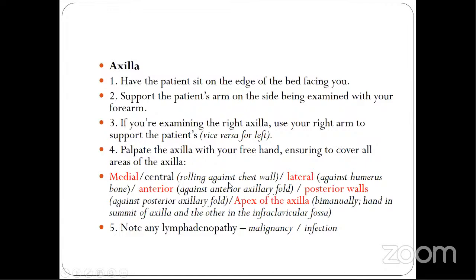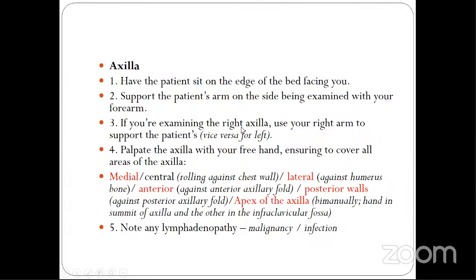Axilla, as we said, is a part of examination of the breast. The position of the patient during examination of the axilla: the patient sits on the edge of the bed facing you. Support the patient's arm on the side being examined with your full arm.